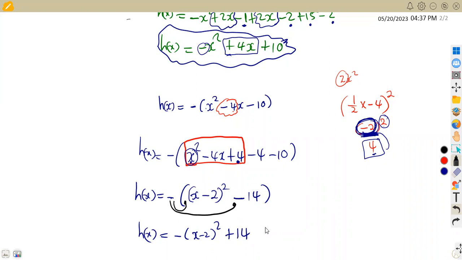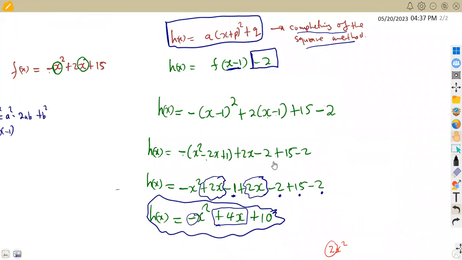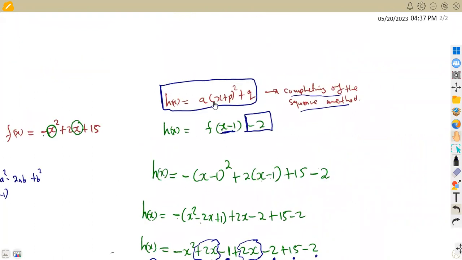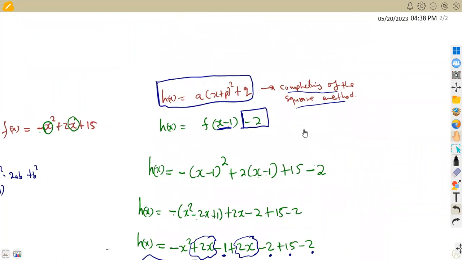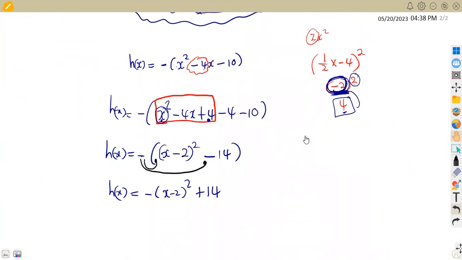So this is our h(x) in the format that we are given. h(x) is supposed to be in the form a into (x plus p) squared plus q. This is what they were trying to say, and that is how we express our h(x) in that format.